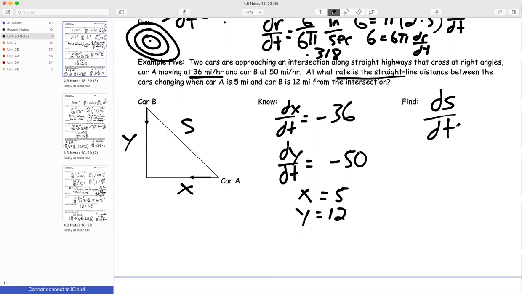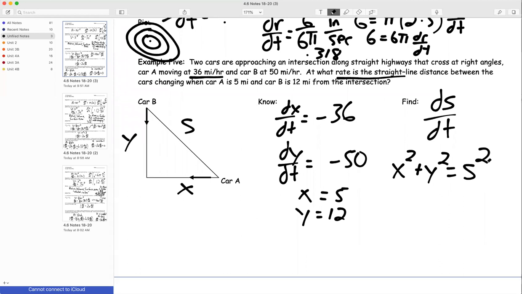Now I need a formula that relates all of these together, and that would be the Pythagorean theorem. X squared plus Y squared equals S squared. And so now I'm going to differentiate with respect to time.